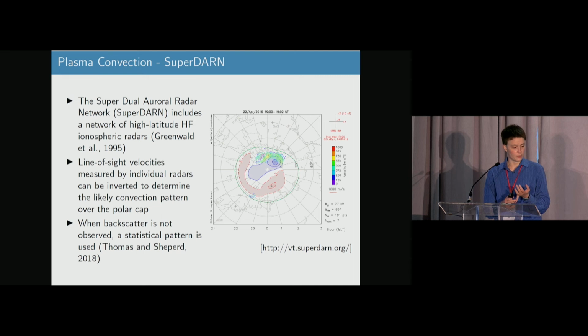It's a network of high latitude HF ionospheric radars. Line of sight velocities, when they take them all together from the different radars, allow them to create these really useful convection maps that map the entire process. Where backscatter is not there, so these are all backscatter regions, it does default to a statistical pattern based on the historic SuperDARN data set.